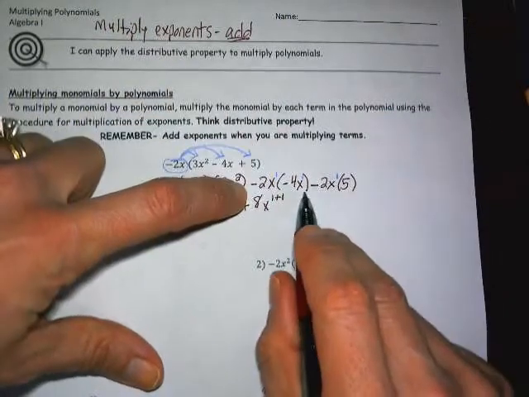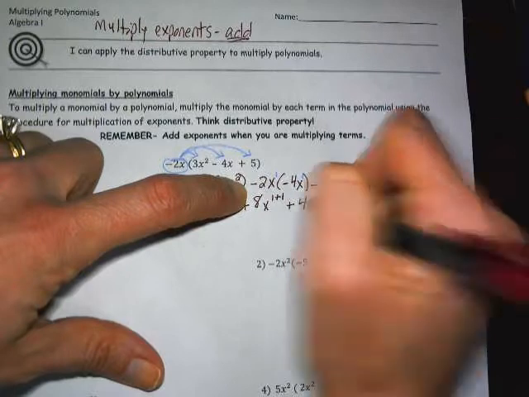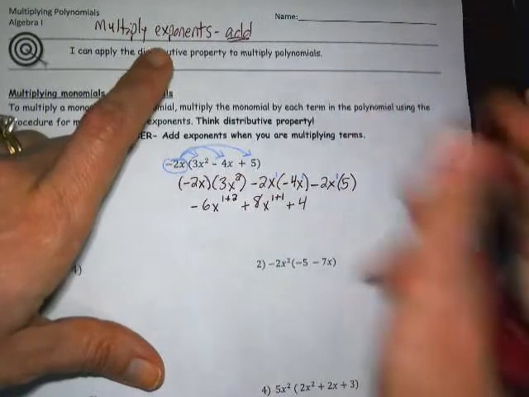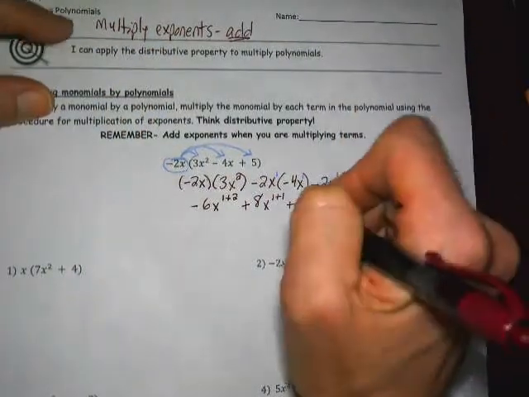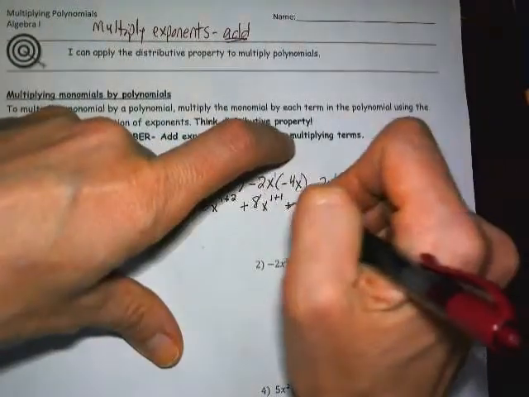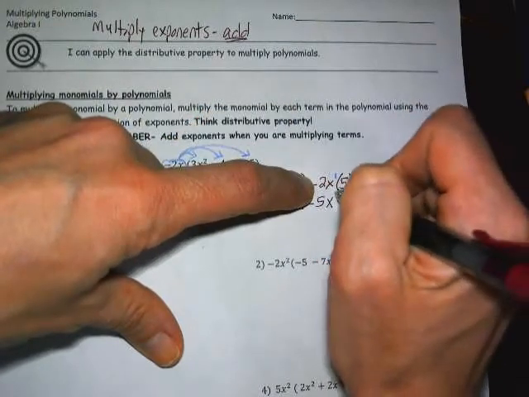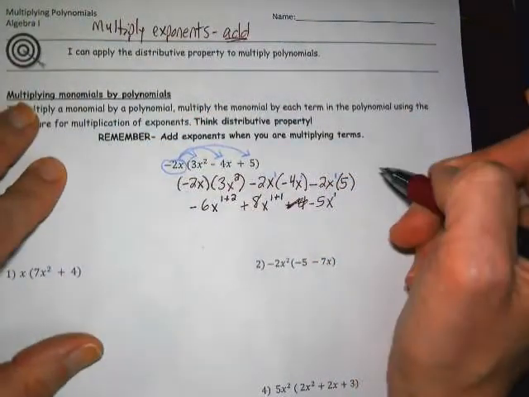And lastly, negative 2 times 5 is negative 10. And then x to the 1 with no x term here.